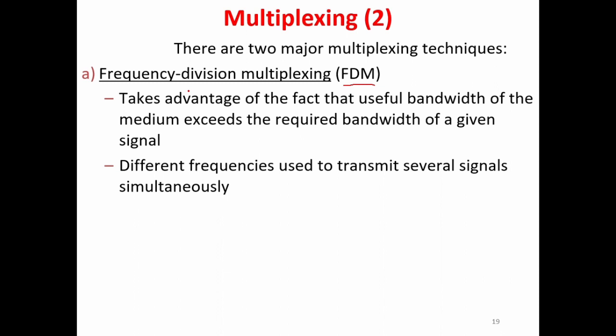The key point is that it works with different frequencies. It breaks down the signal into different frequencies and transmits several signals using the multiplexer and demultiplexer that I explained, and takes advantage of the fact that the useful bandwidth of the medium normally exceeds the required bandwidth of the given signal.